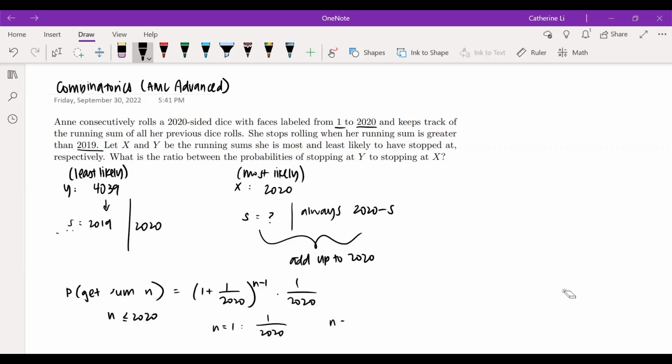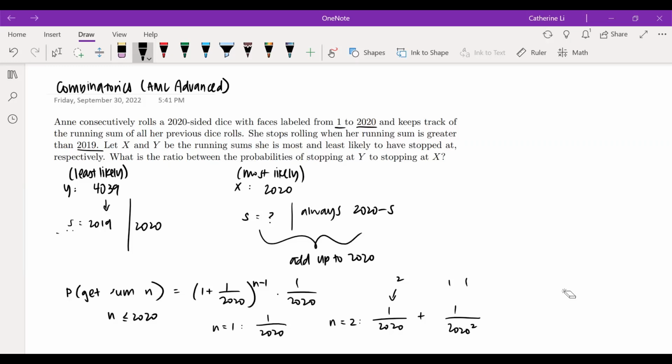And then the probability we get a 2 at some point is 1/2020 for we just get a 2 first, or we can get a 1 and a 1, which is 1/2020 squared.